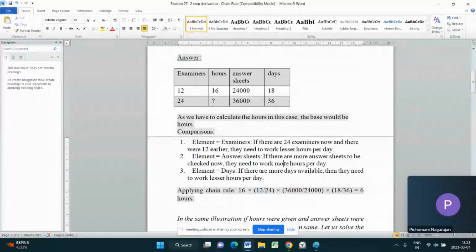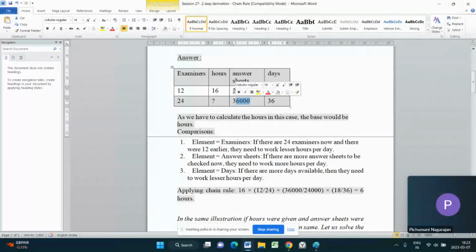Now it is more because there are 36,000 papers; earlier there were fewer papers, only 24,000. So when it is more, put the largest number on the numerator and the other one on the denominator. Again we are going here. This is 36, a bigger number.